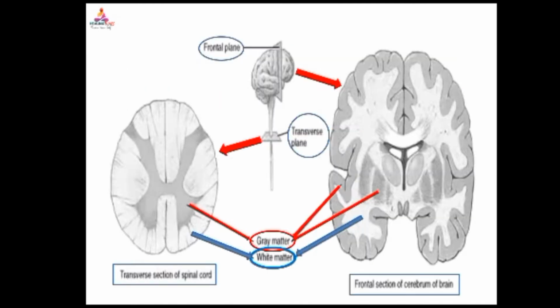See the brain: the outermost layer is the dark area, that is gray matter. Then the inner area, the white or light color, is white matter. But in the spinal cord, the outer layer is the white matter and the inner layer is gray matter.